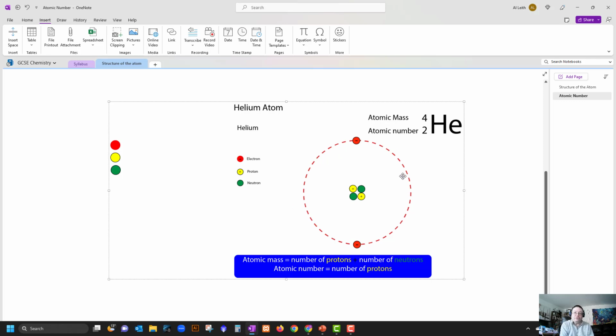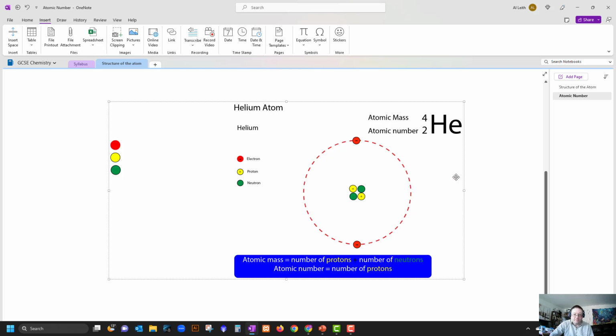So what can we deduce from that then? Well, let's have a look at how we put this together into the science talk. So we have now got 1, 2, 3, 4 particles at the nucleus of helium that make up the atomic mass. So that is the number of protons plus the number of neutrons that makes up the atomic mass that we can see here.